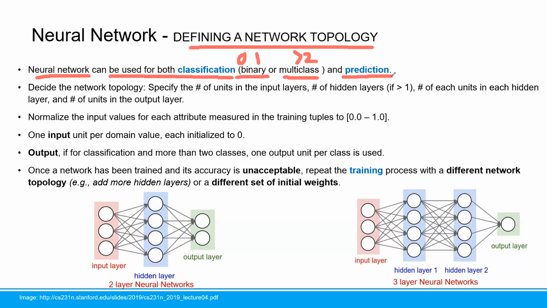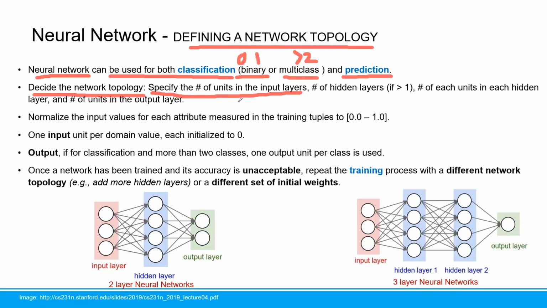Or we can use it for prediction. Prediction means the target is a numerical value. We need to decide the network topology. It means we can specify the number of units in the input layer.